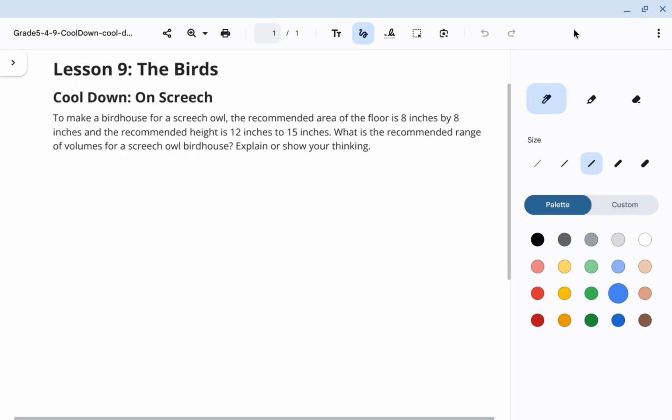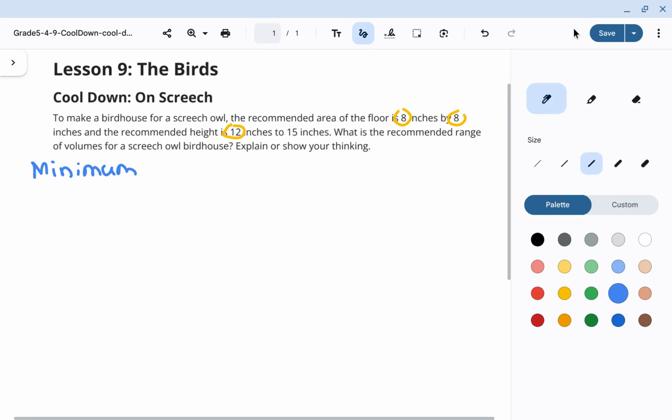Let's think first about the minimum volume. The volume is going to be found by multiplying together. Of course, the area of the floor for both is going to be 8 by 8, but at minimum, the height must be 12 inches.